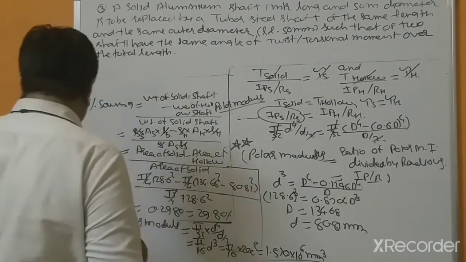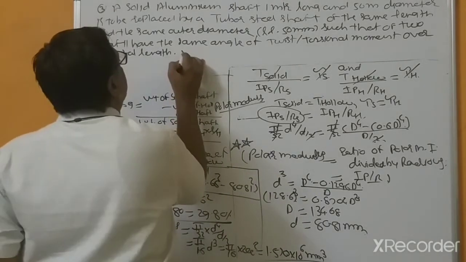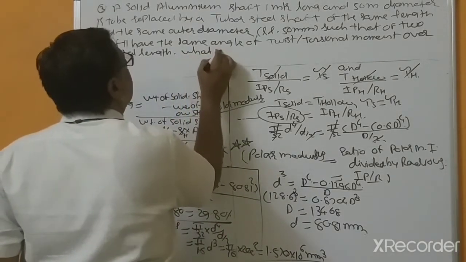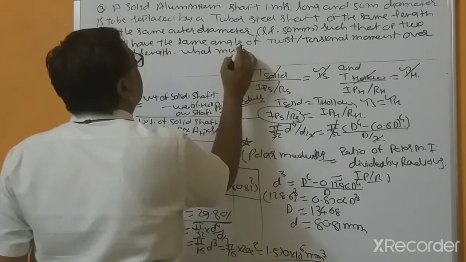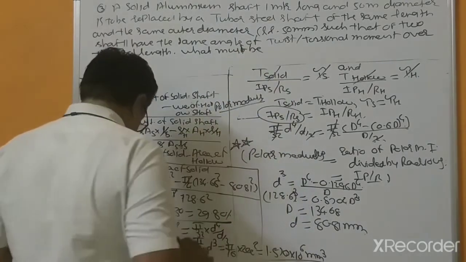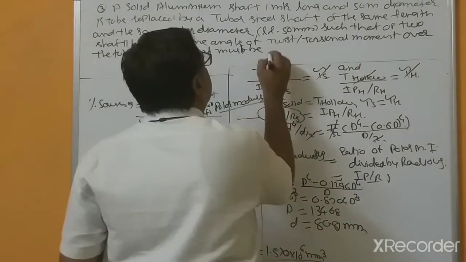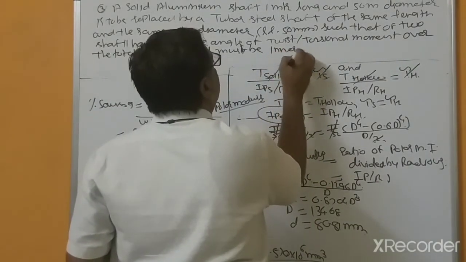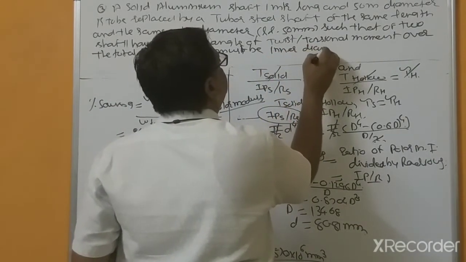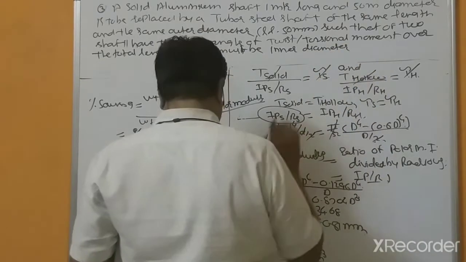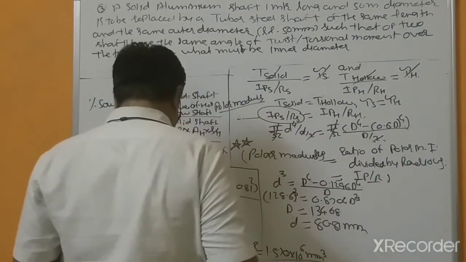What must be the inner diameter of the tubular steel shaft?